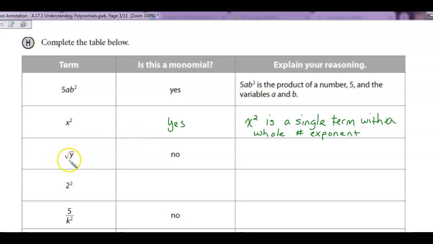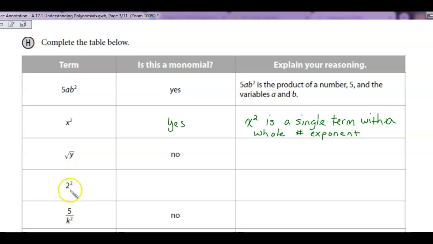This one, the square root of y. This is no, because anytime you take the square root of something, it's not considered a single term. This one, 2 to the second power, yes, it is a product of a number by itself, honestly.